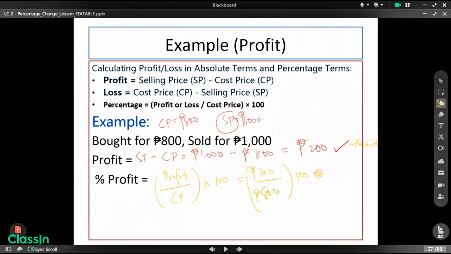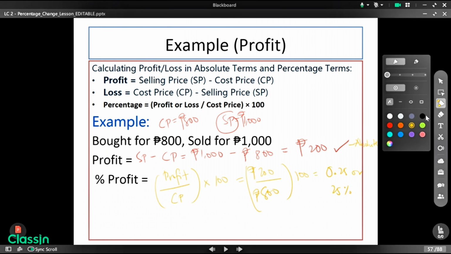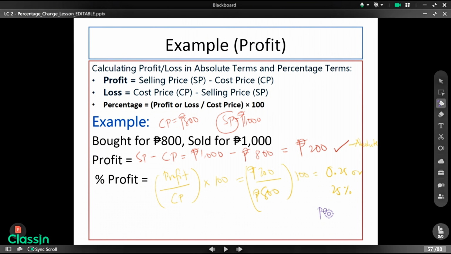The answer is 0.25 or 25%, and that will be your percentage term. Again, this is your absolute term, and this will be your percentage term.